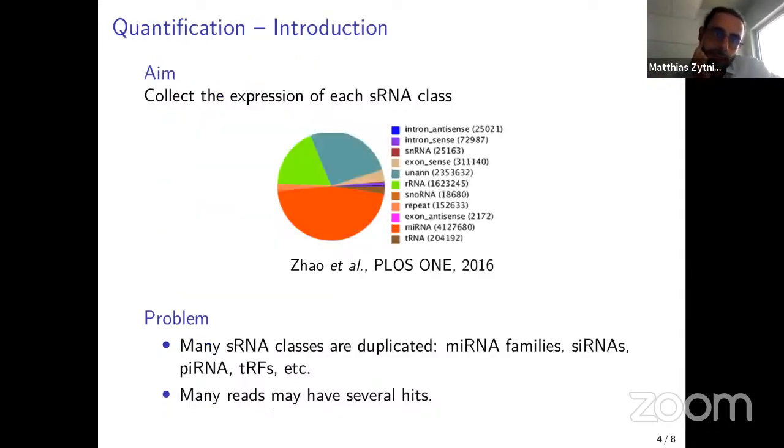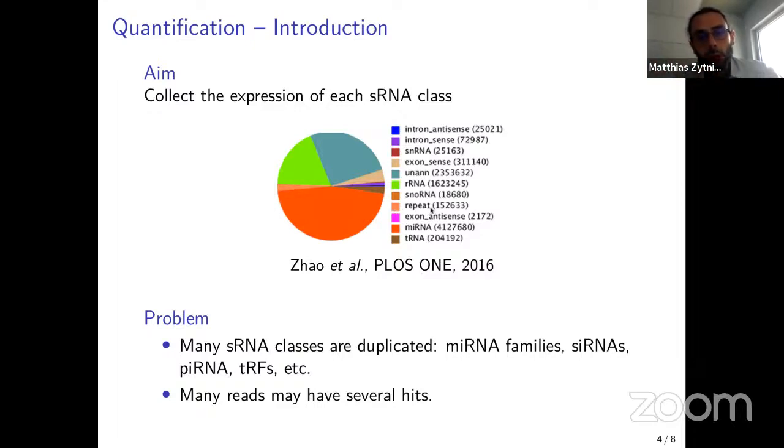The second tool is for when you want to quantify, for instance, your small RNA classes. You sometimes want to produce these pie charts, and you want to quantify the number of tRNAs that you have, microRNAs, and so on. The problem here, as I said previously, is that microRNAs are often duplicated in the genome.